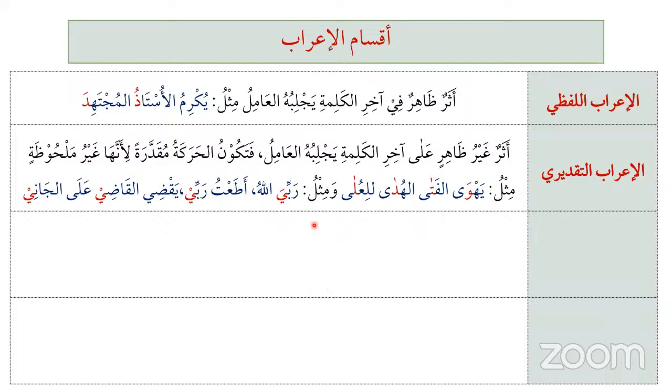But because you're joining the word Rabbi, where did the fatha come from? Why are you saying Rabbi Allah? Yes, it's Rabbi, but because now you're joining the ya al-mutakallim, which has a sukoon, onto the next word which starts with a fatha, going from a sukoon preceded by a kasra to the next word with a fatha, for the suitability of the next word you'll give the ya a fatha and say Rabbi Allah.